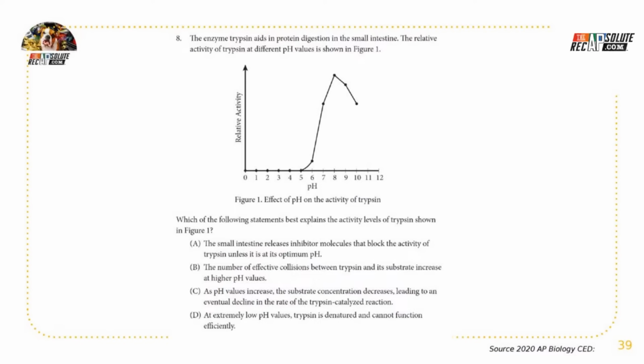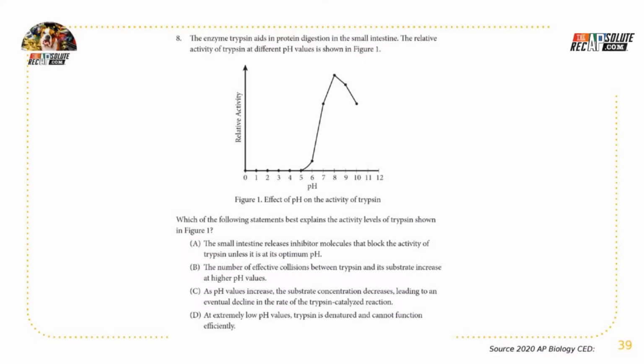But on my graph, I can see relative activity and pH on my x-axis ranging here from 0 to 12. And I can see that the peak occurs around pH of 8. So enzymes are really picky. They're condition specific, right? So this particular enzyme seems to like a pH of 8.